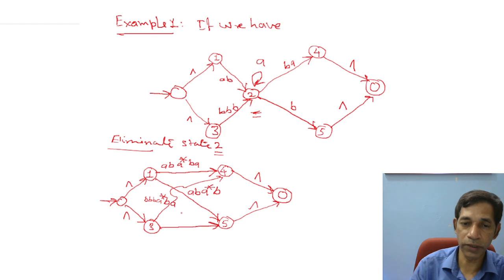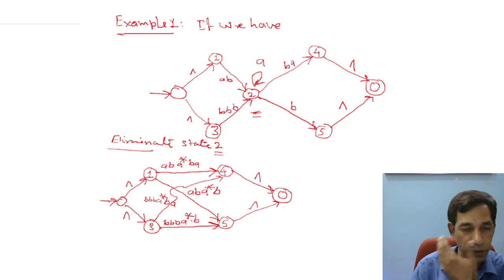The regular expression is BBB, then A Kleene star, and then you are going to 5 for the regular expression B. So you will have the B here. This is okay, so you have this situation.